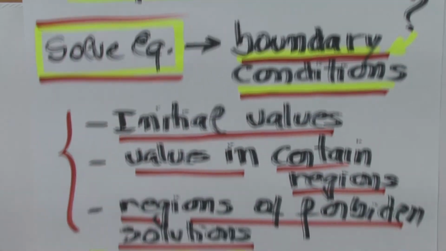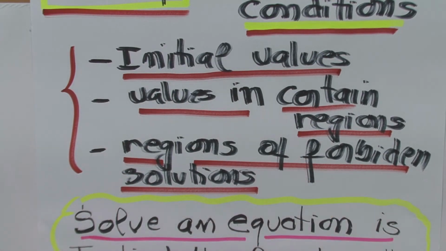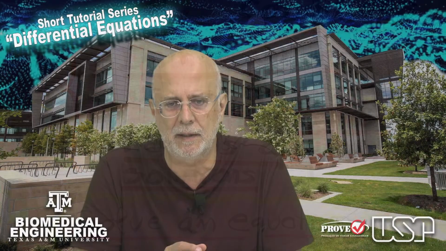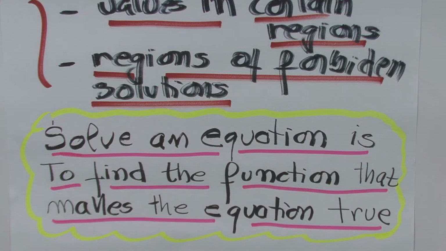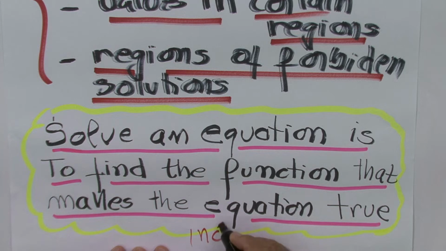Cannot forget that. And there is a lot of information that has to come together with the differential equation, so you'll be able to solve it. So to solve an equation is to find the function that makes the equation true, including the boundary conditions.